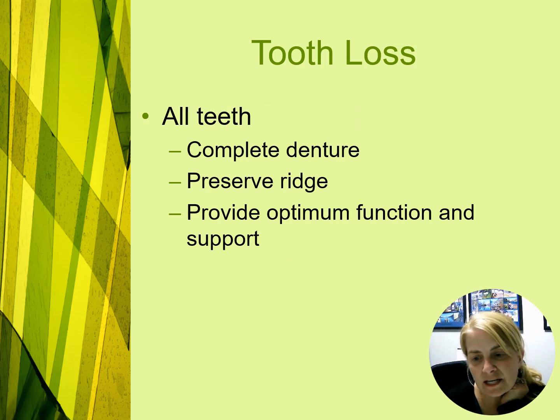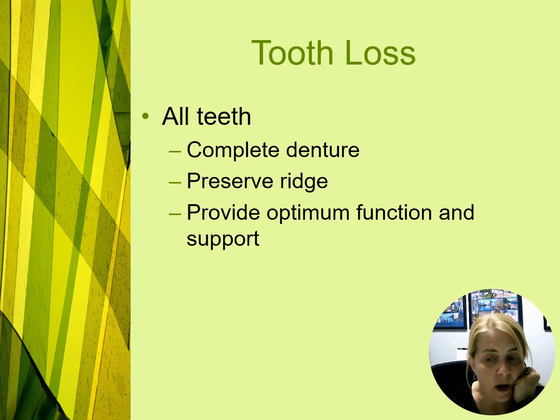And if you have an edentulous patient, then you would do a complete denture. Anytime that you can keep any teeth in there, it preserves the ridge and keeps the ridge higher. If you have somebody who's very young and they're losing teeth at a young age, if they wear this denture for 20, 30, 40 years, their ridge when they're in their 60s, 70s is going to be almost non-existent, particularly on the bottom.